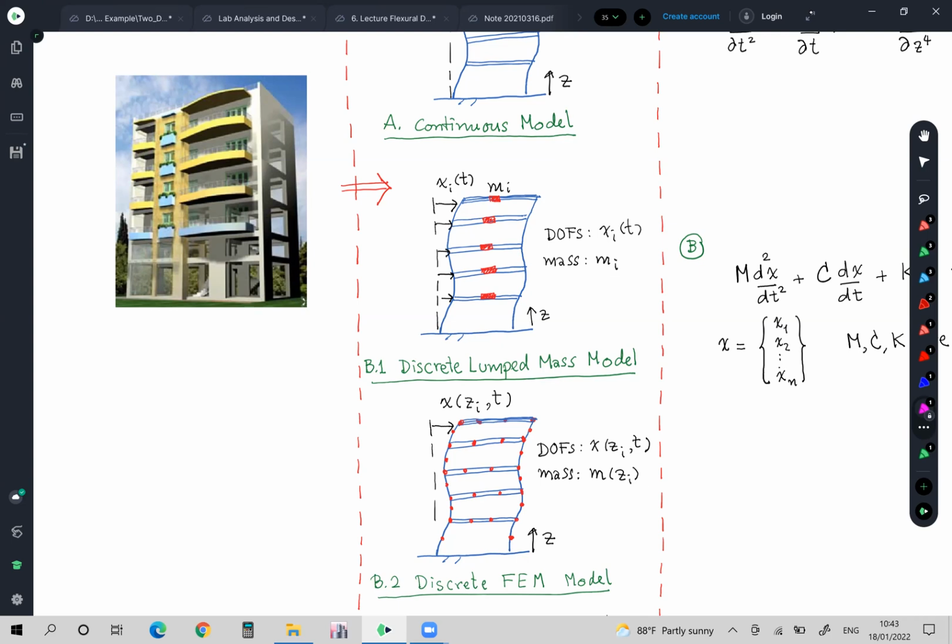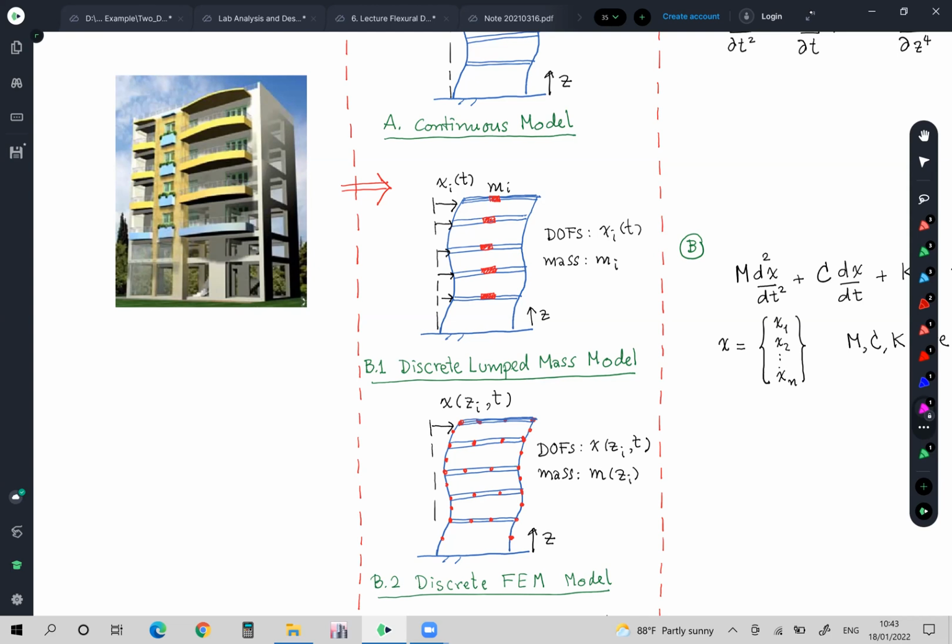So after you obtain the solution of this building movement under the earthquake, what you can expect is you will know the movement of floor number 1, floor number 2, number 3, number 4, but you don't really know how it moved along the height between floor number 2 and number 3, or between floor number 4 and number 5.